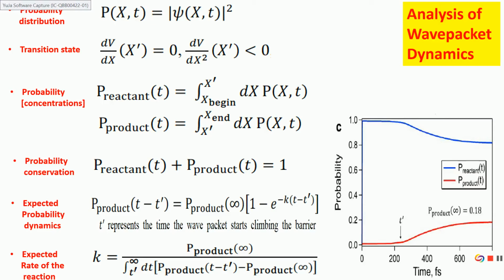So it's integrating probability distribution from beginning to the middle, and from the middle to the end. It will be like two curves, probability of reacting and product, like shown here, right? Which need to be normalized.